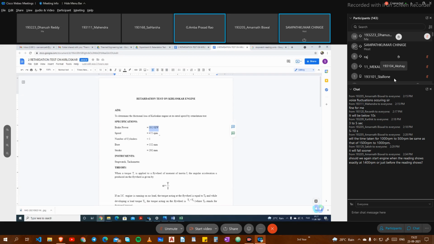This one, write 3.68 kilowatts. Yes. Number of cylinders, one. Bore is 80 mm. Stroke? It is 110. 110. Yes, sir.